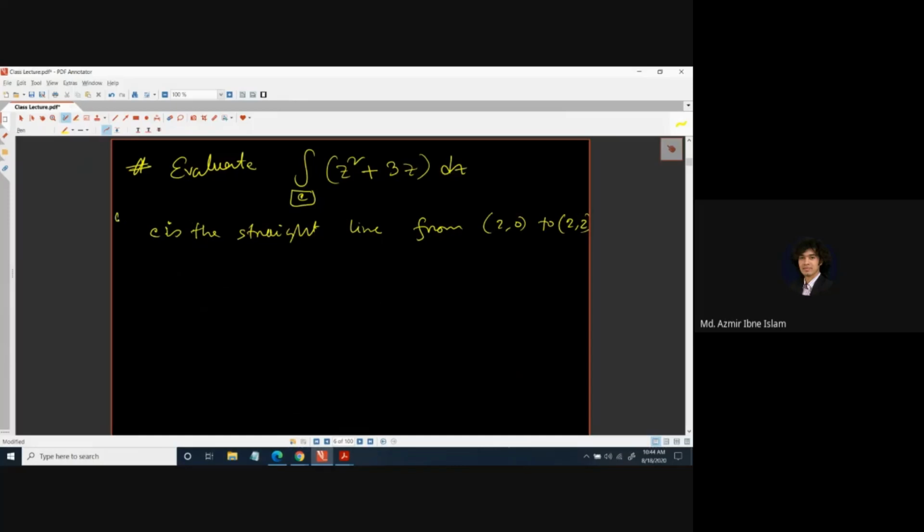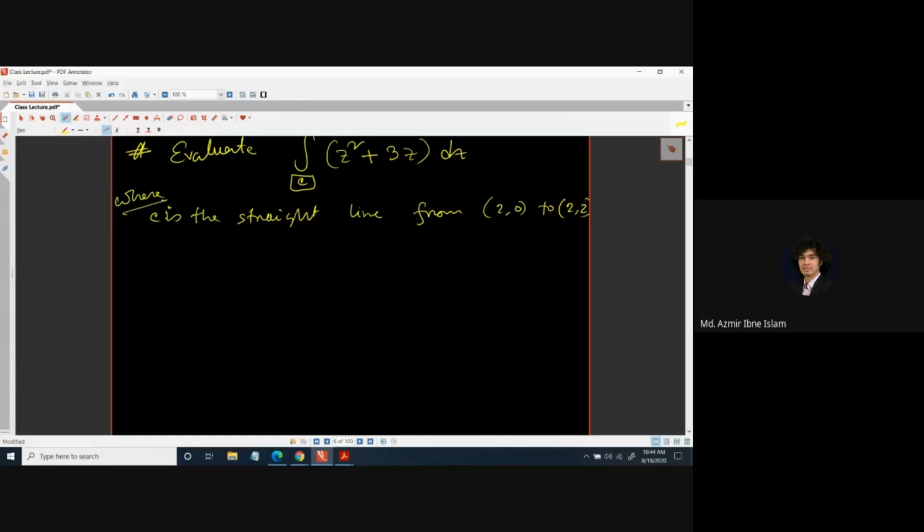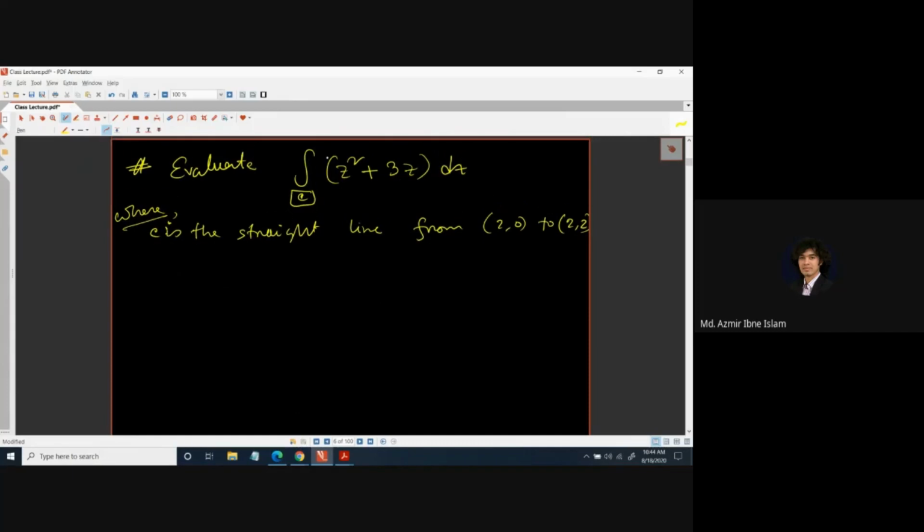That means we have to evaluate this integral, where C is the straight line from 2,0 to 2,2.